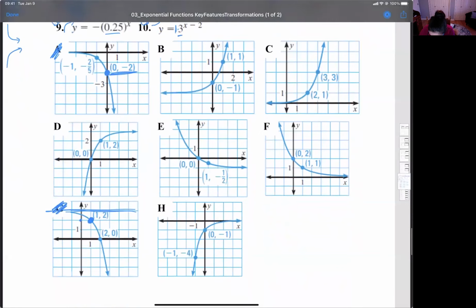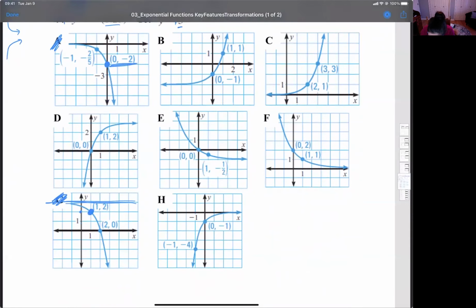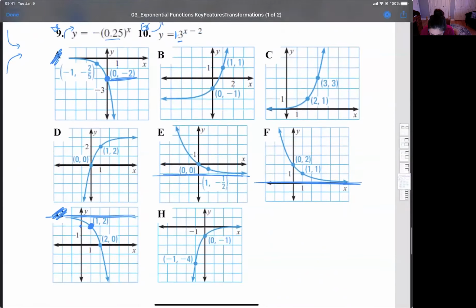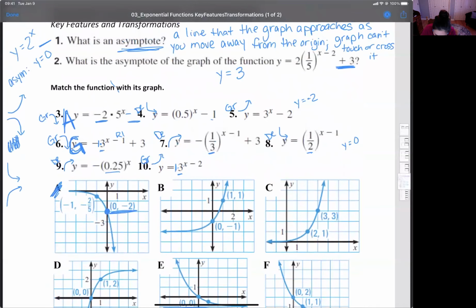So for E and F, I want to know which of them would have an asymptote at -1. If I look at E, my asymptote's definitely not at 0 because I have a point at 0. It looks like it could be at -1. For F, this looks like my asymptote's at 0. So between the two of these, this looks like E. So number 4, we're going to go with E.